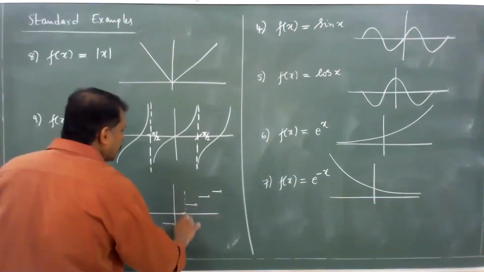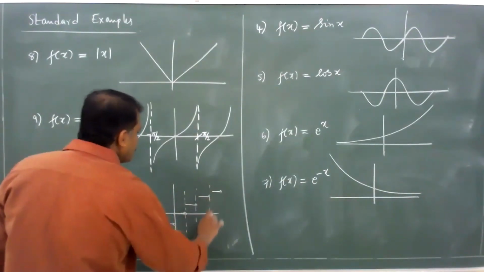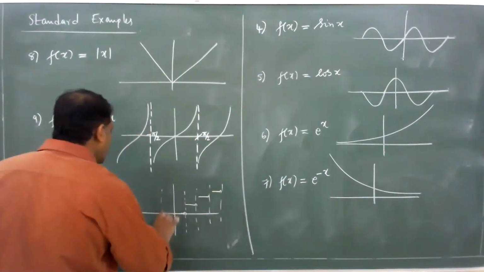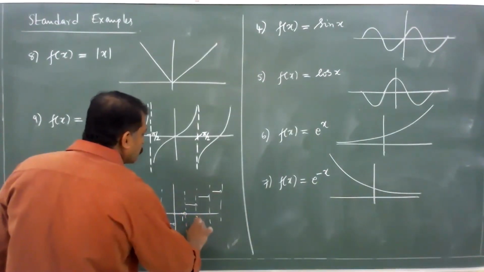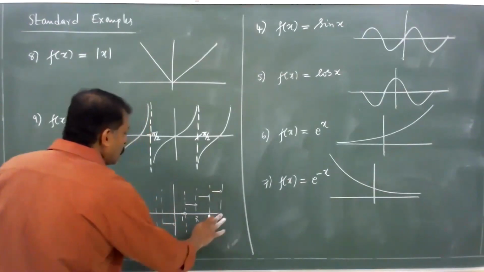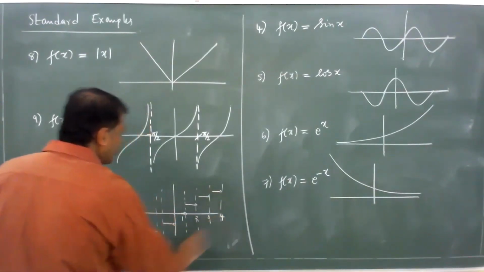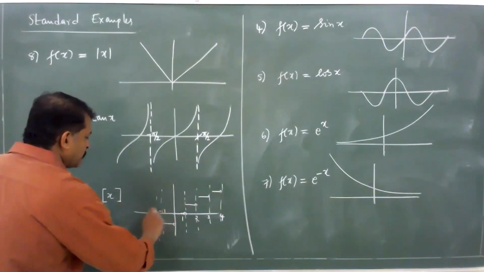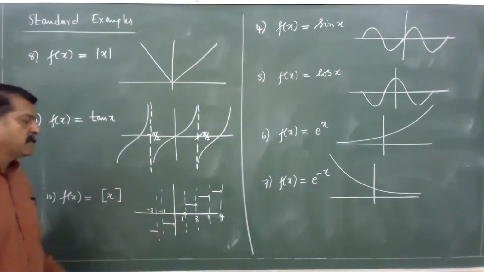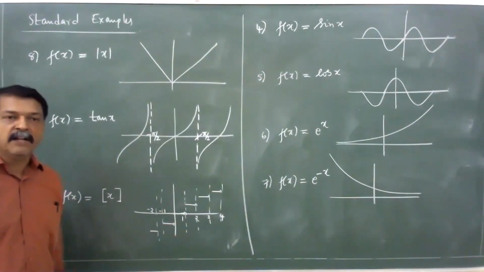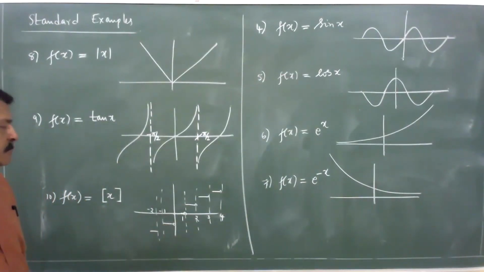Clearly we see that it is discontinuous at all integral values. We'll actually prove this result, but as a graph, you just consider. The bracket x function is discontinuous at all integral values.